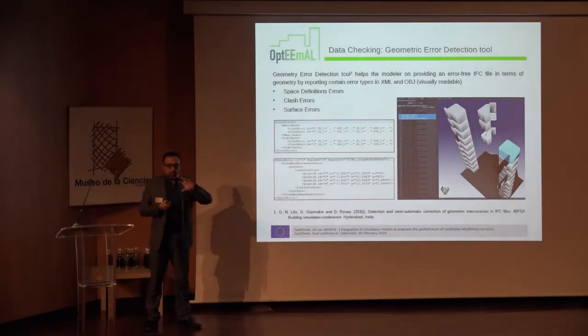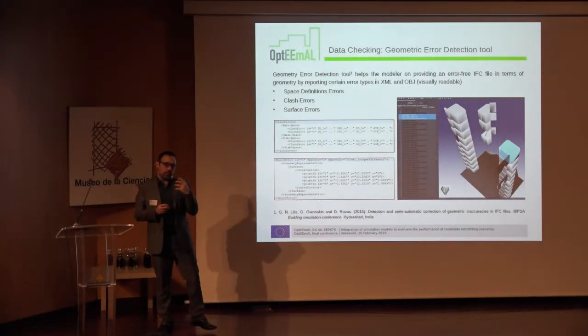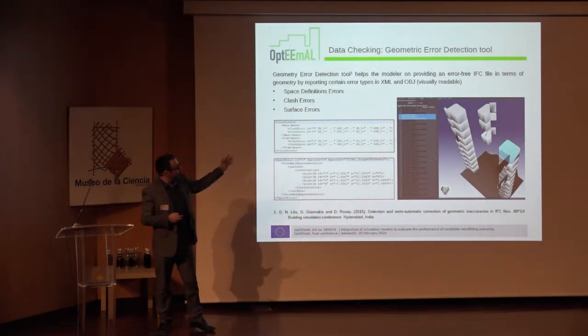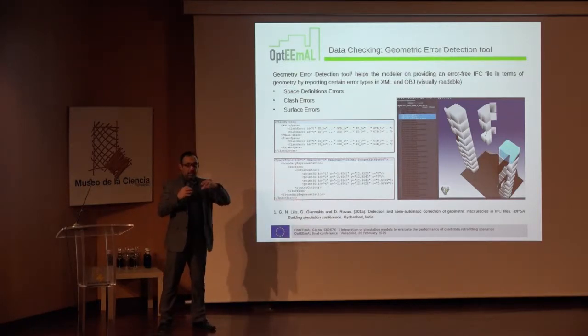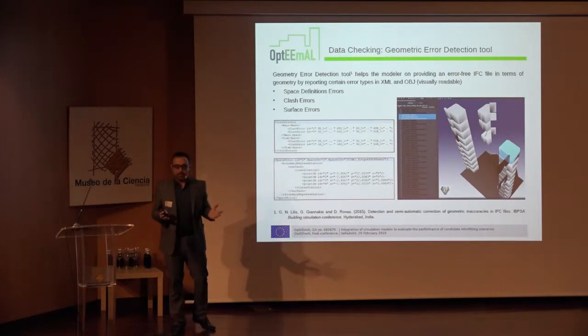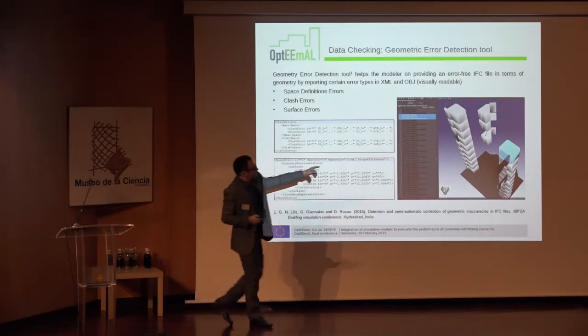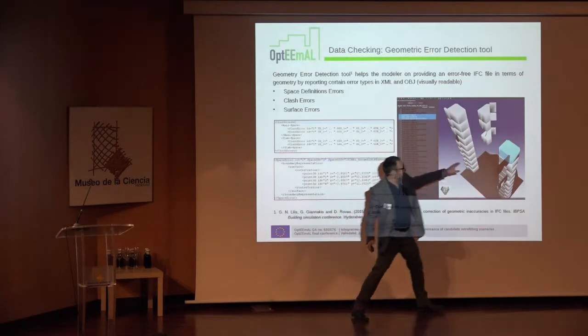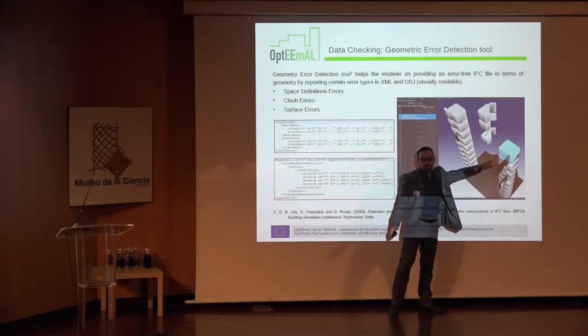Another tool that we have developed is the so-called geometric error detection tool, which detects interconnections among building architectural elements. For example, here you see a clash, an interconnection, among a building space and a building wall.